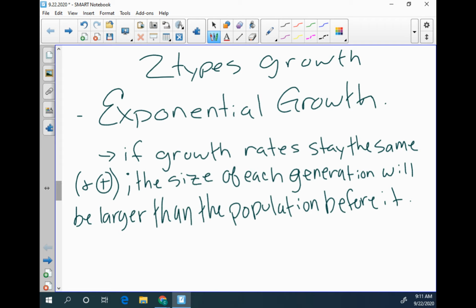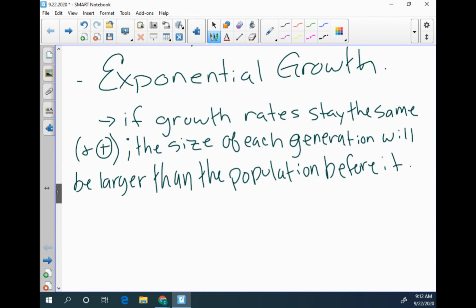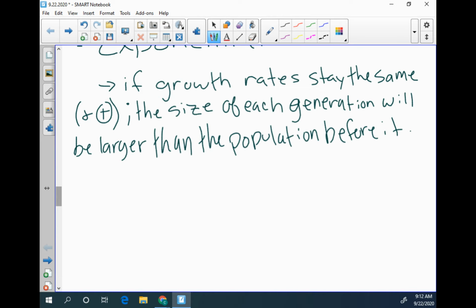So if we start out with 100 bunnies, and that grows by 10%, we've got a growth rate of 10%. The next year we'll have 110 bunnies, and then we'll have 115 bunnies, and it'll just keep getting bigger and bigger. When our growth rate stays the same, that is when we get exponential growth.